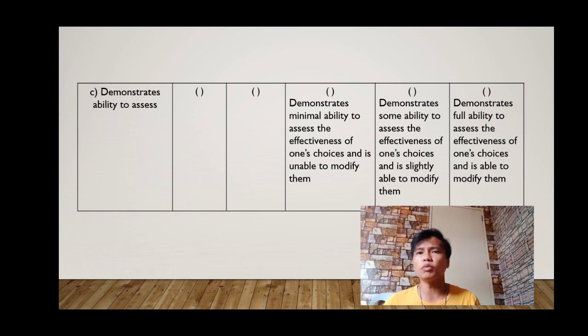An example of this is when the students represent or explain ideas, or evaluate and assess with full ability the effectiveness of one's choices, and are also able to modify them, unlike the others. So the students in the competent category are able to use full ability to assess the effectiveness of one's choices. So that's all with my report.